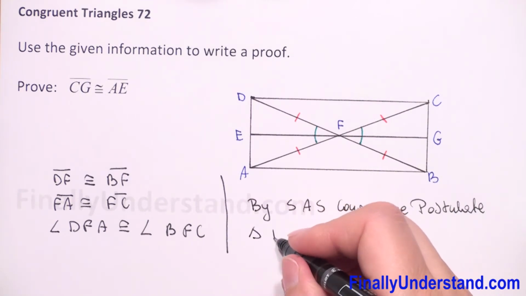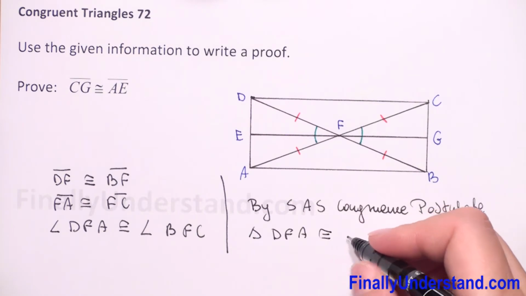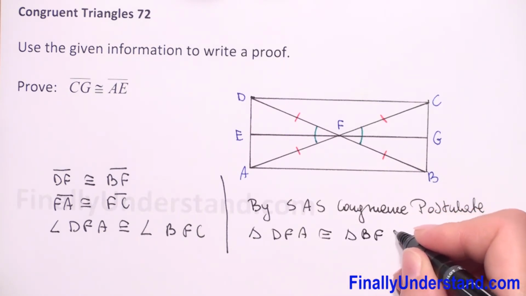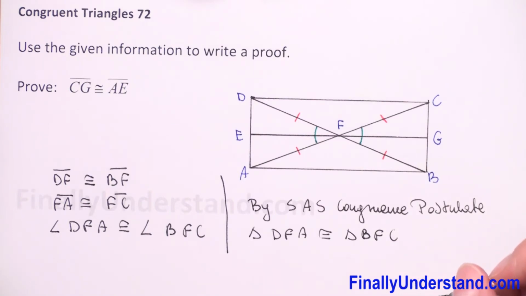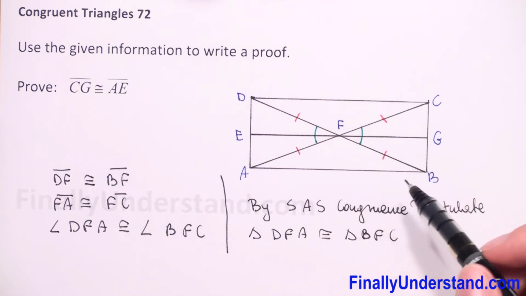triangle DFA is congruent to triangle BFC. It means that corresponding parts of our triangles are congruent.